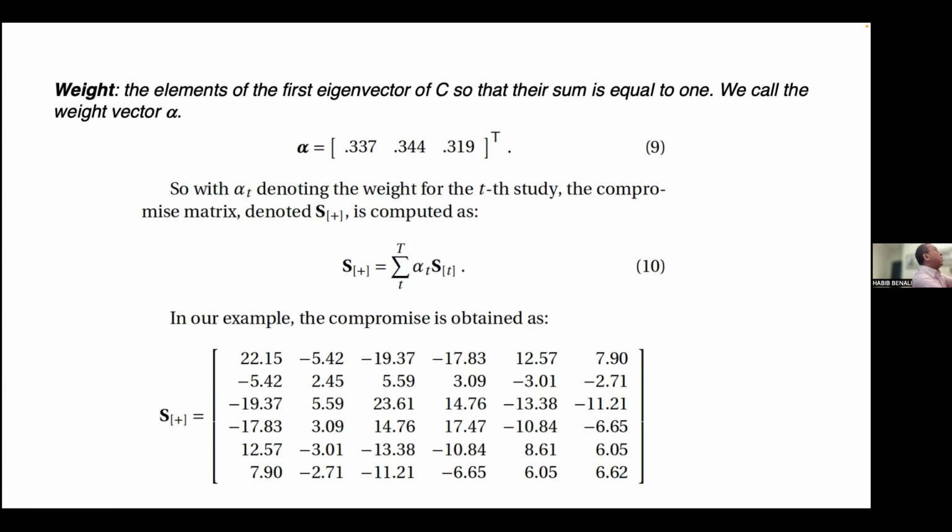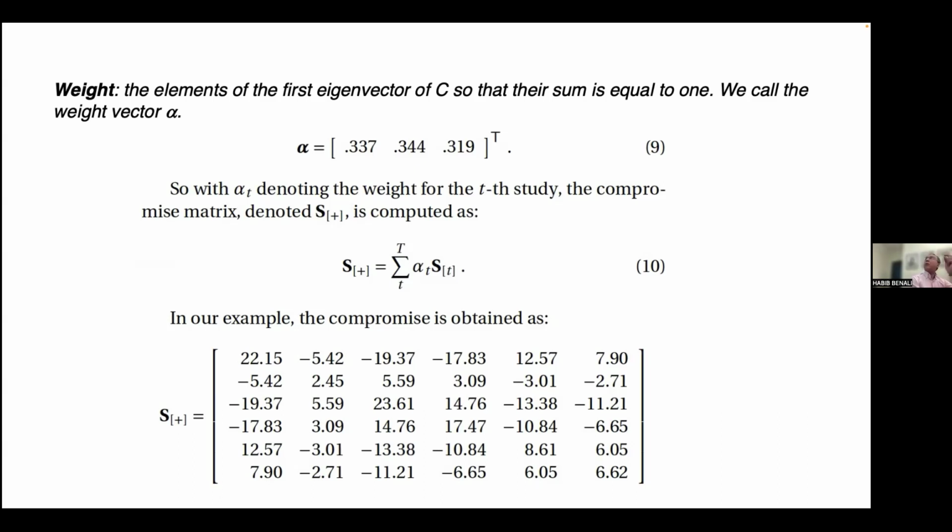Okay, the weight here comes from the data set, because you are dealing, let's say, with PLV, and you are dealing with correlation. How are you going to weight the PLV and how are you going to weight the correlation? These are two things of different nature. So what STATIS tells you is the first eigenvector of the compromise corresponds to the best weight for your data set.